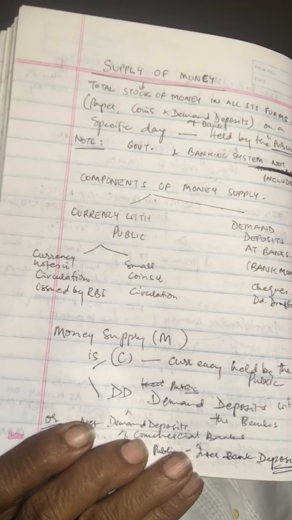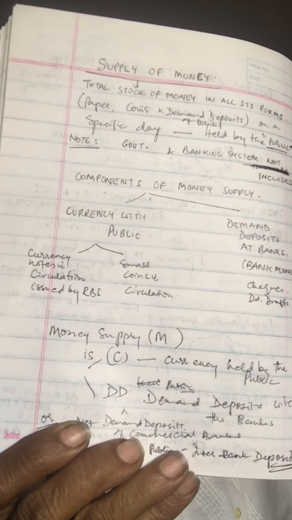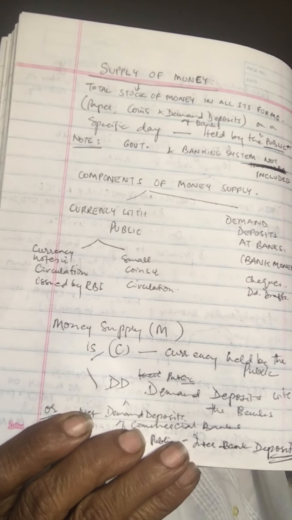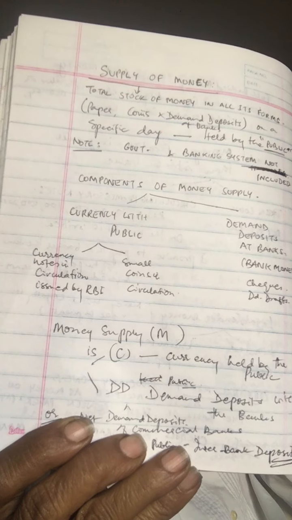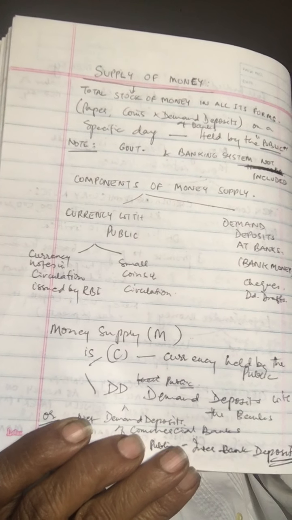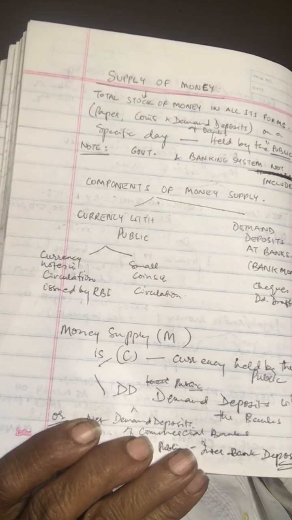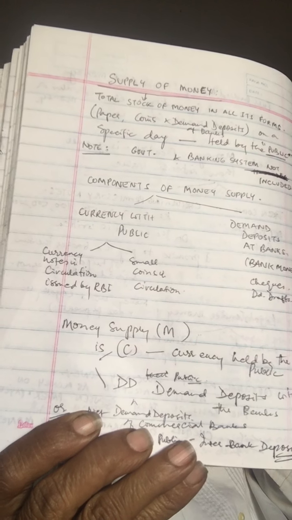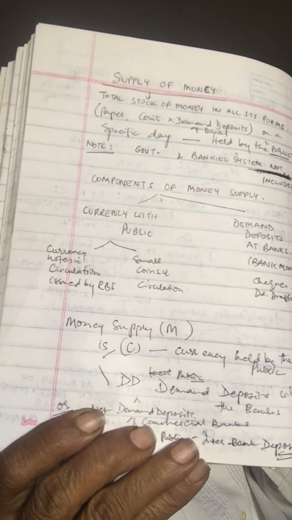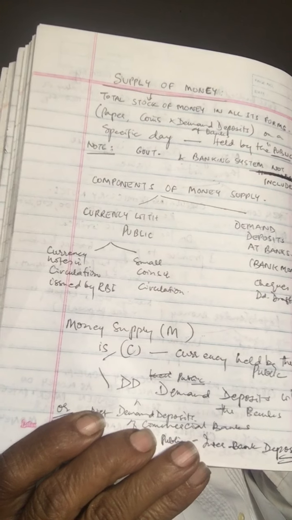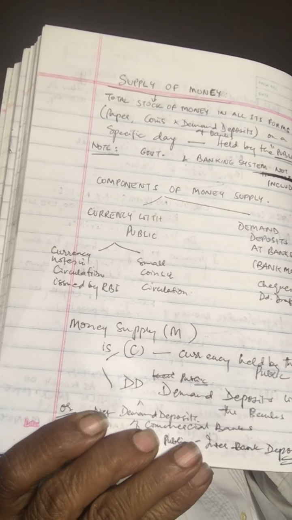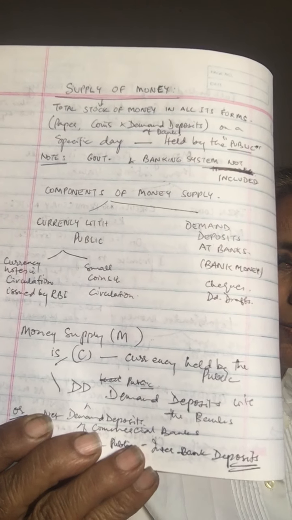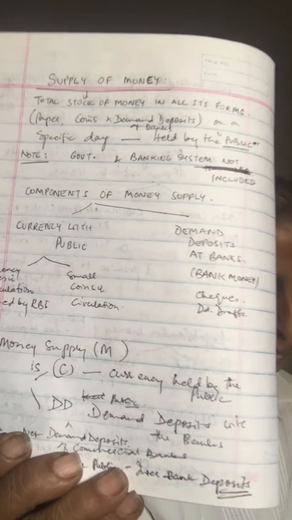Deposits of government and banks with RBI are not included in these other deposits. M1 is the most liquid measure of money supply because all its components are easily used as a medium of exchange. That is why it is also referred to as transaction money.